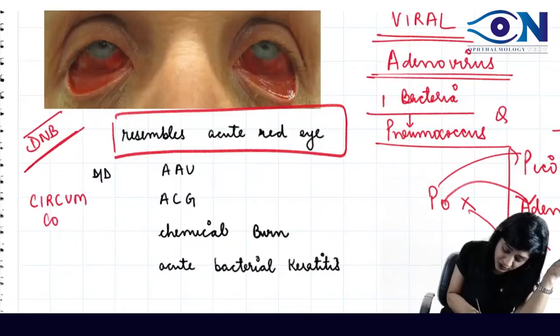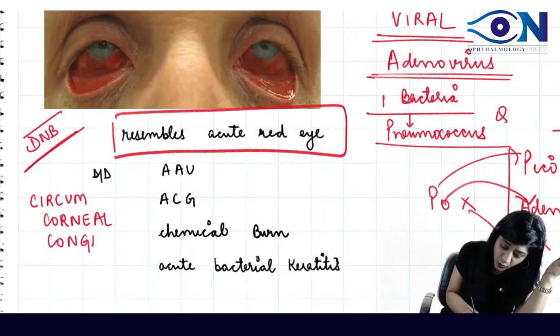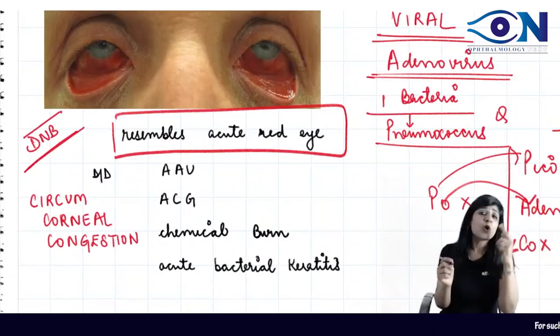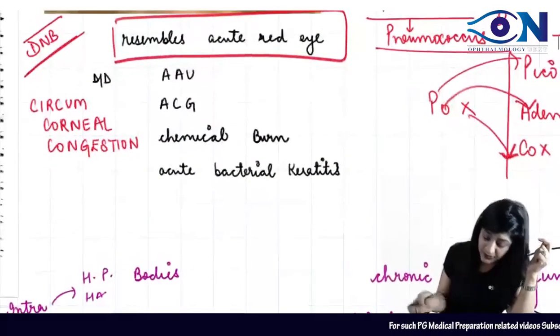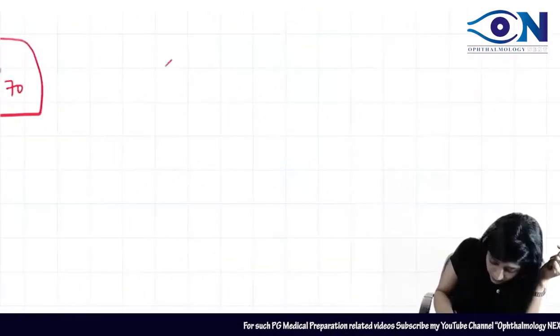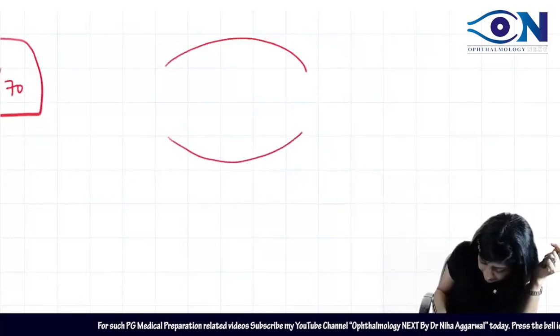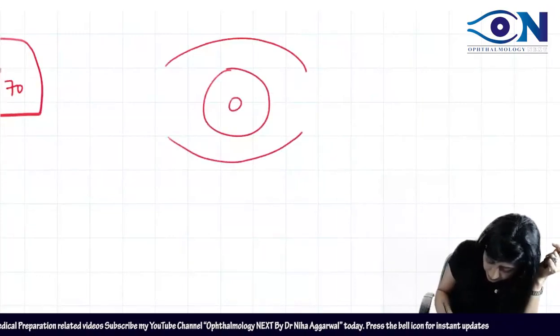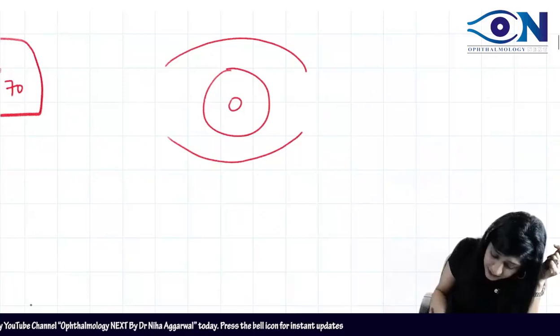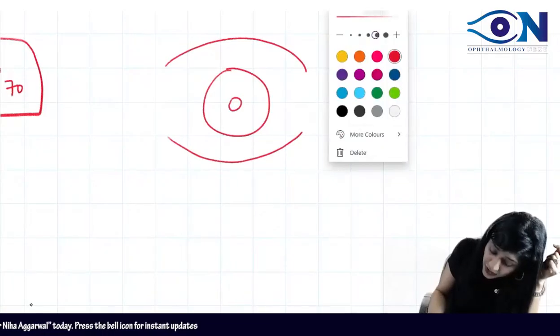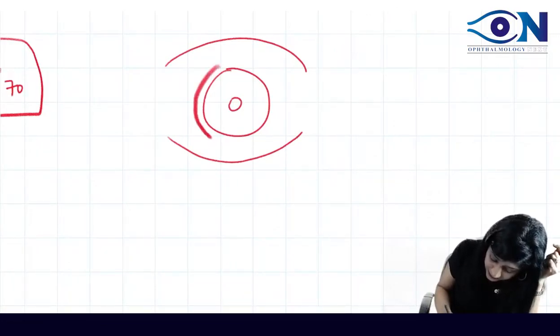Circumcorneal congestion. Circumcorneal congestion, what do you mean? See, when I talk about the eye, it is something like this. And you are having the inflammation all around this cornea, like this.